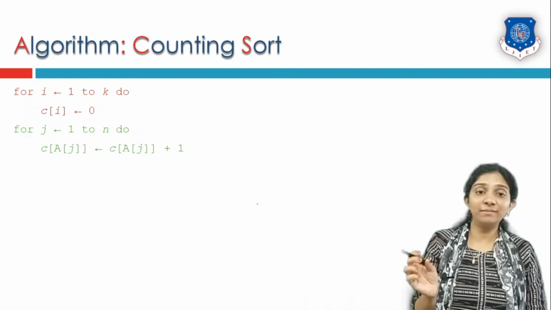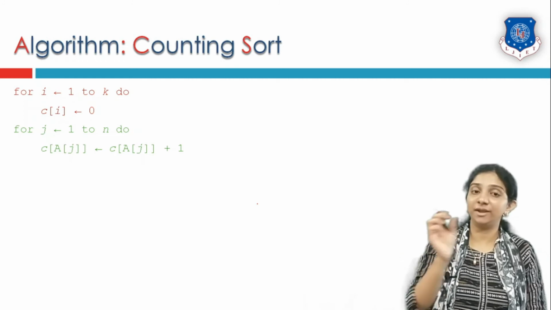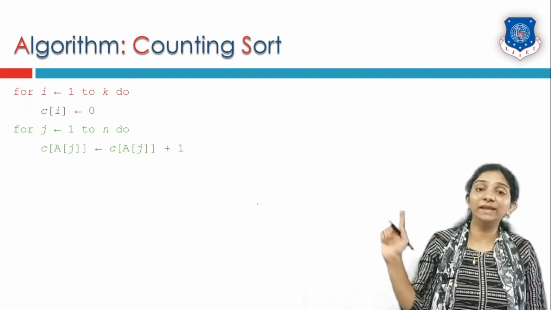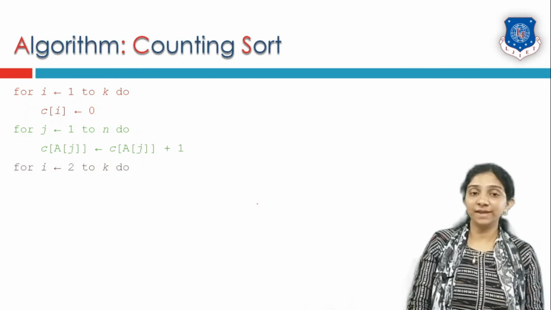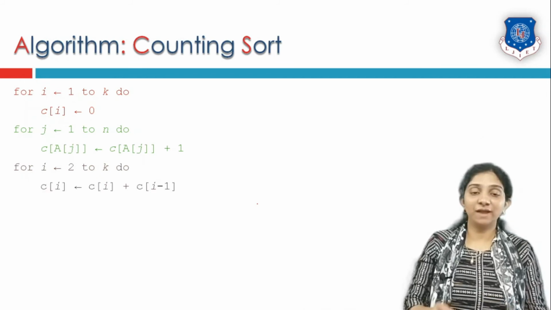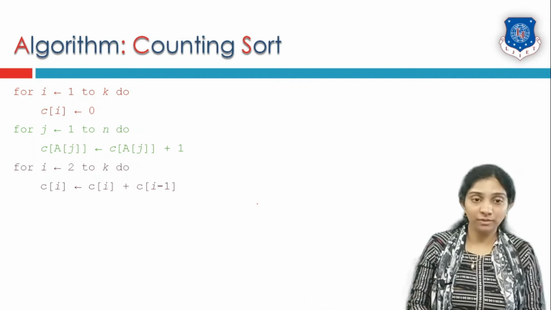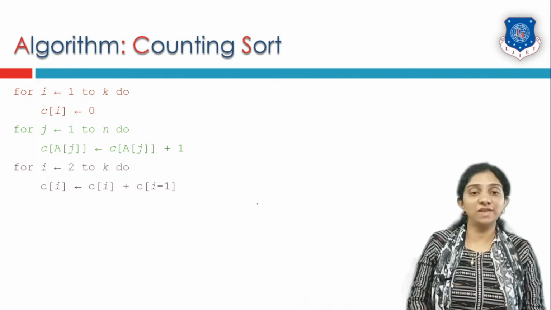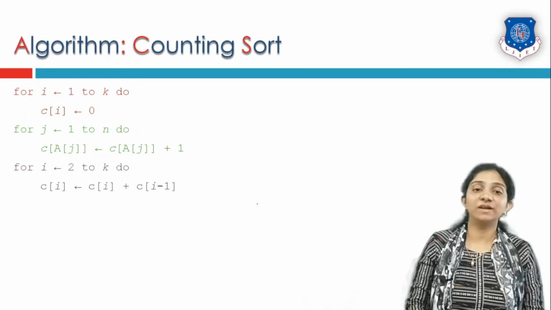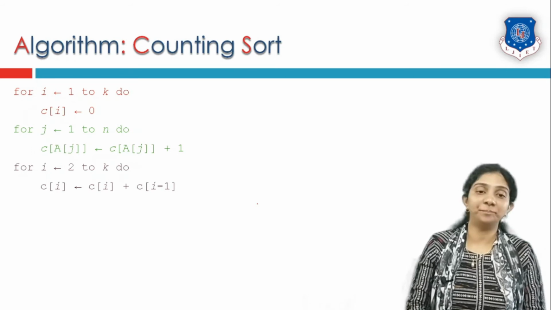That means an element at the jth location will become an index of count and it will be incremented by 1 to its previous value. From the second to the last element, we have to generate the cumulative count. That is, for i = 2 to k, C of i is equal to C of i plus C of i minus 1.